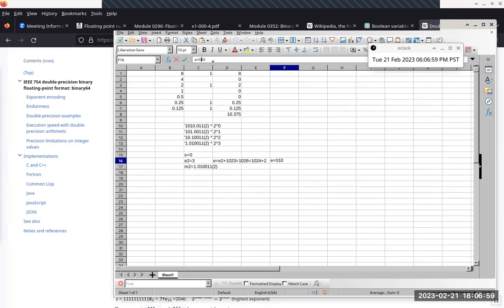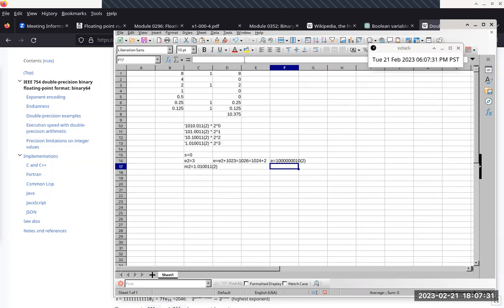And then we have none of 8, 16, 32, 64, 128, 256, 512, but we do have 1024. So that's the base 2 representation of E. In other words, I just converted 1026 into base 2. Is that okay?